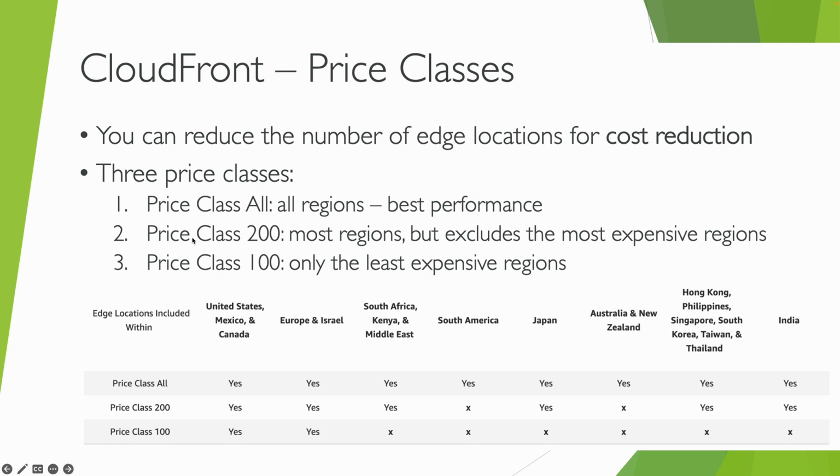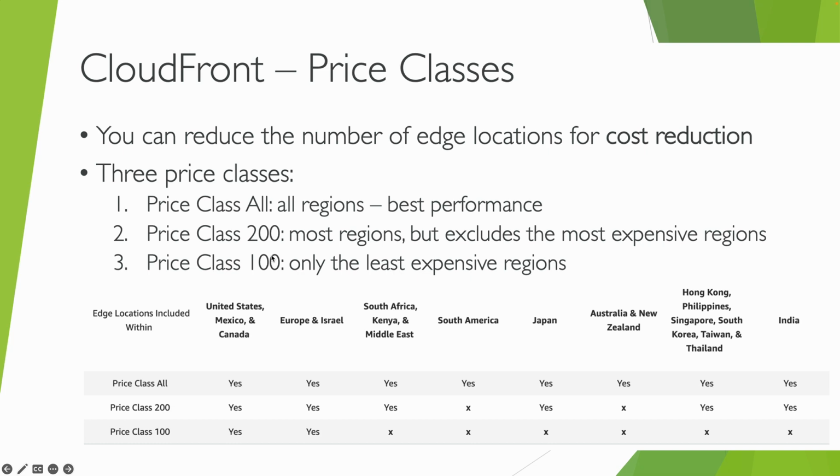The other one is Price Class 200, where most of the regions and most of the edge locations in those regions will be available, and the content will be distributed among these particular regions only. It won't allow some of the expensive regions. And with Price Class 100, only the least expensive regions will be available.